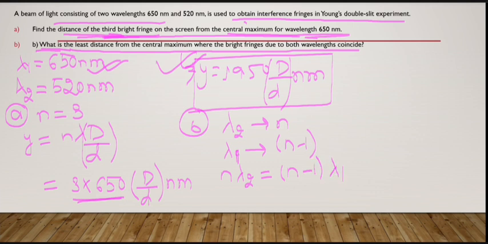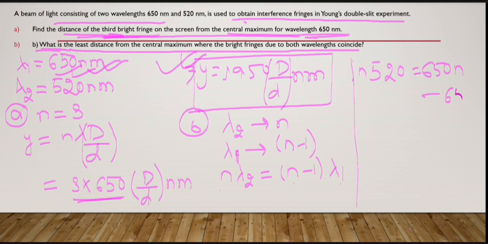If they are coinciding, it means both are at a single point. Lambda 2's value is 520, and lambda 1 is 650.